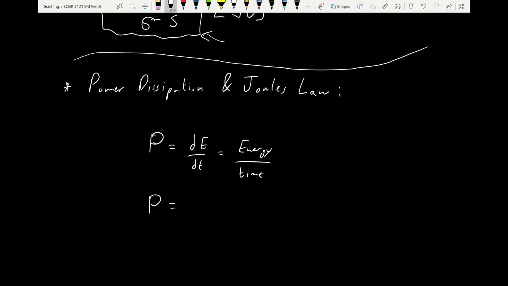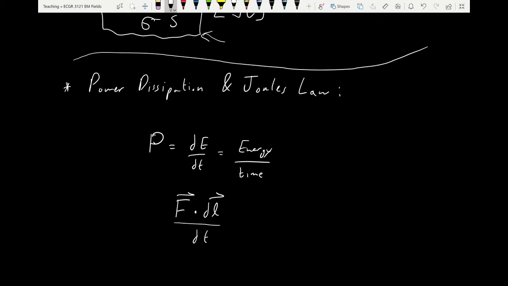And how does it relate to force? Let's forget about power for now. Let's say I have force, multiplied by displacement. The displacement dot the force gives me the work, right? But we said work is energy, and power is energy over time. So I need to divide this by dt to get power.